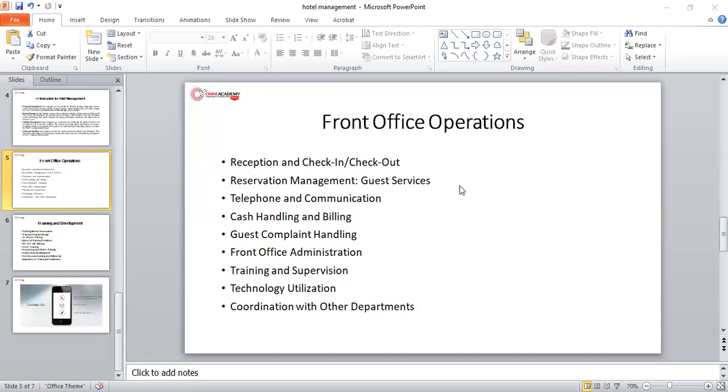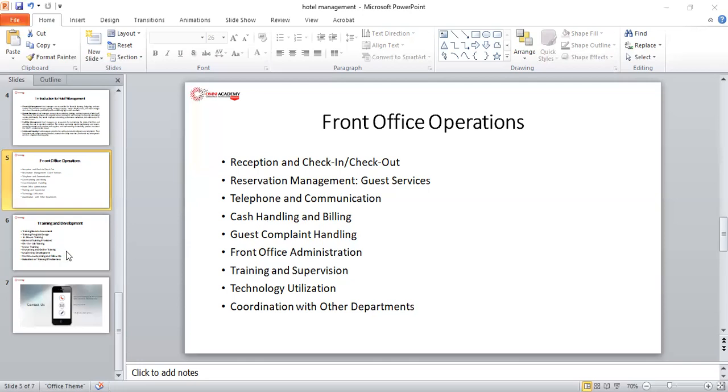For example, if I want to meet sales and marketing for a promotion, or book hotel rooms, or book the banquet hall, they will guide me to go to this person or this department, right, left, and guide the direction so I can meet that exact person and make a booking.